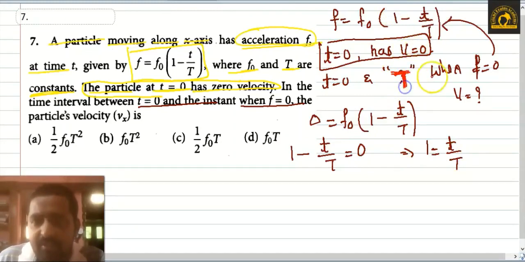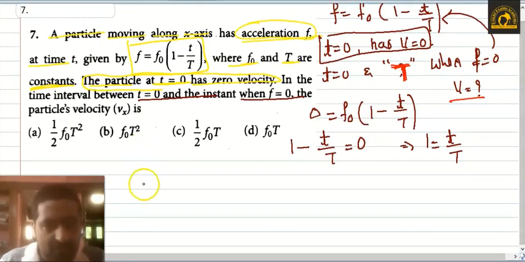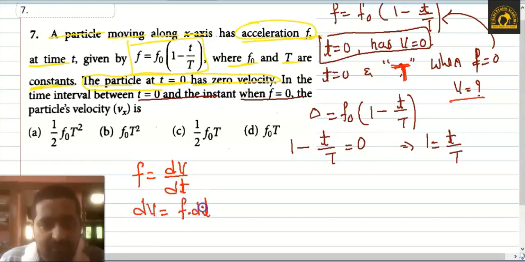So when f is equal to 0, you have to calculate the velocity. We know that acceleration f is equal to dv by dt. So then dv is equal to f into dt.